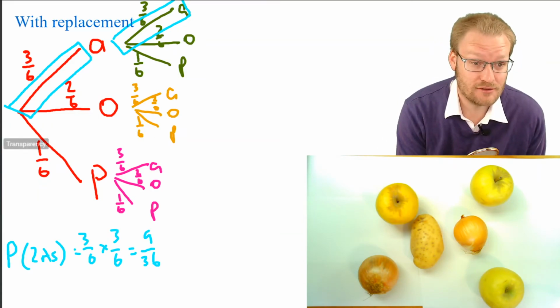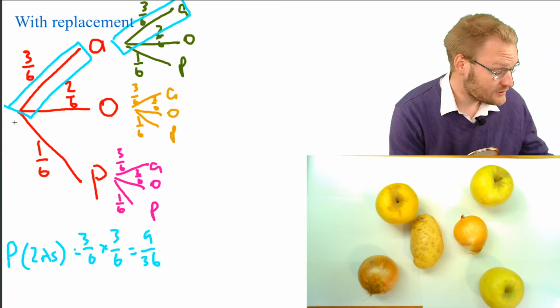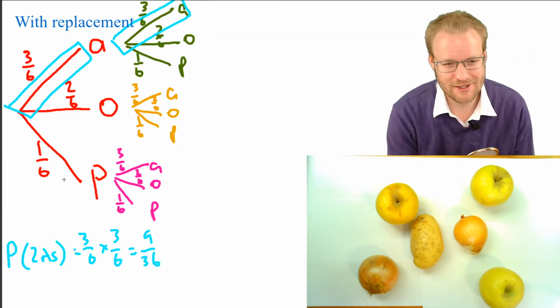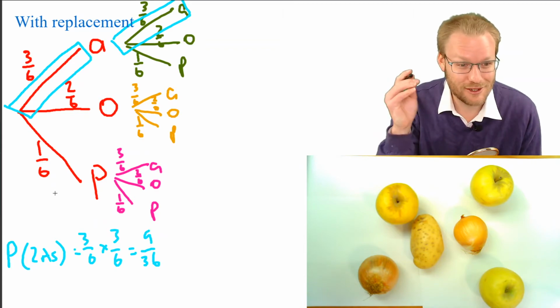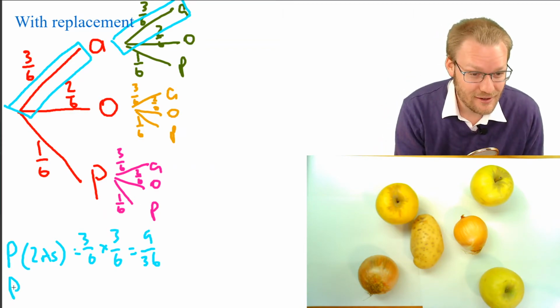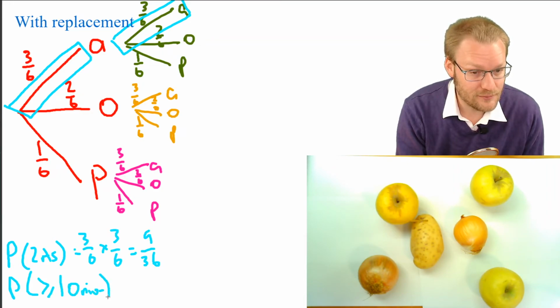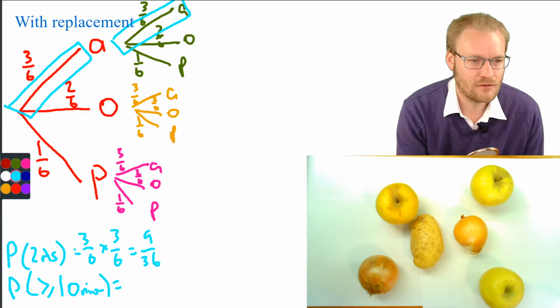That's a goodie, right? Are you busy working on it at the moment? No music, right? Did you hit pause or are you waiting for me to hit pause? What's the probability of picking out, I'm going to put it like this, at least 1 onion? Go for it.